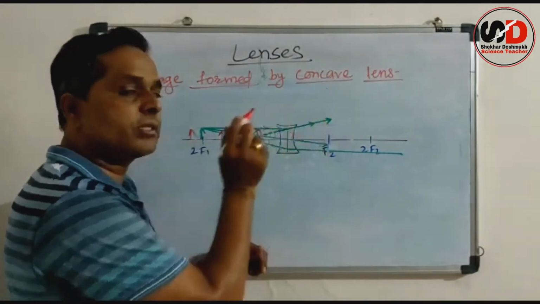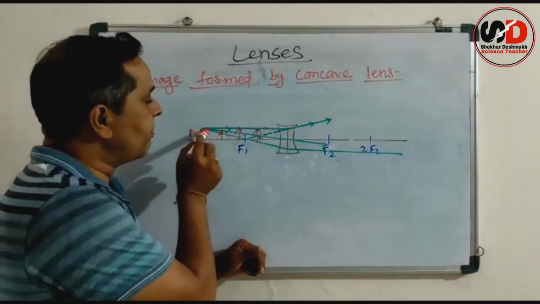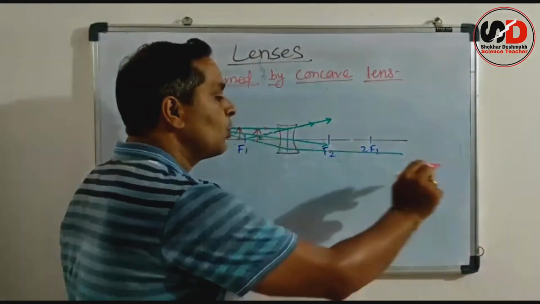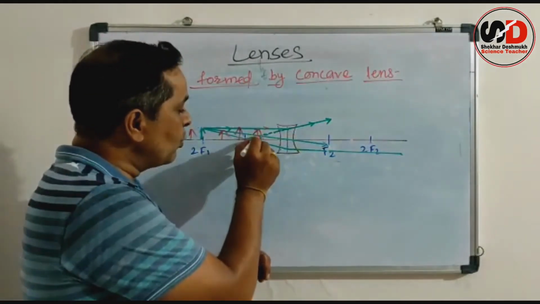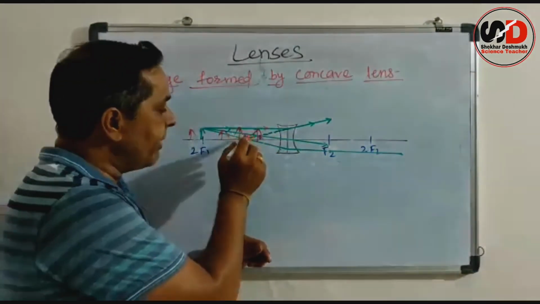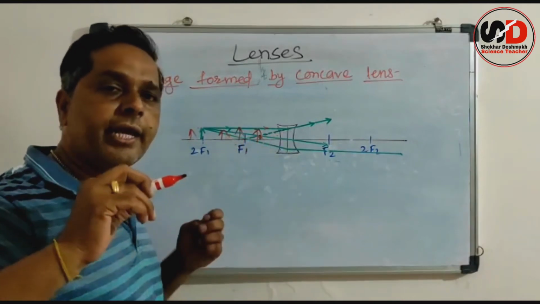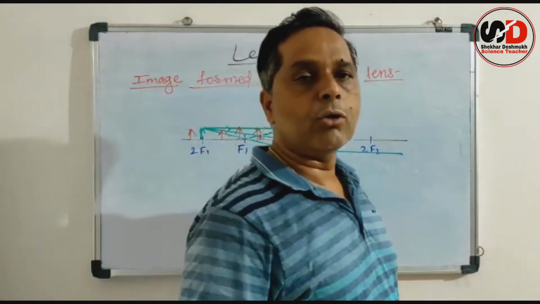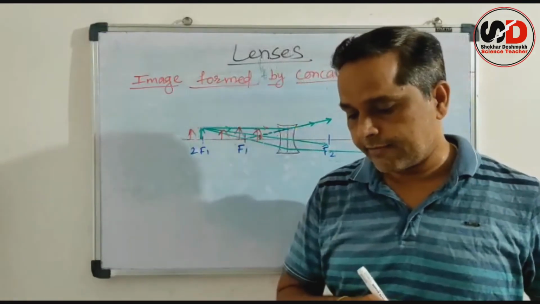And the second rule is a light ray which passes through optical center O, it goes in the same direction without any deviation. Where these two light rays meet, here the image is formed. So the image is somewhere between O and F1 for every position of the object. So this is about the image formed by a concave lens.